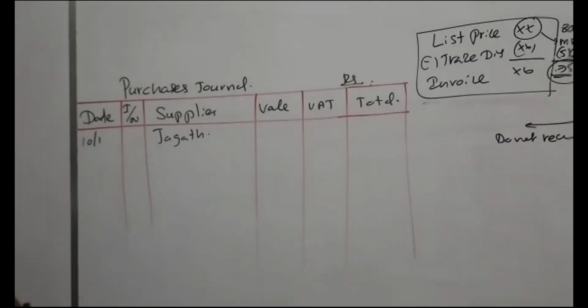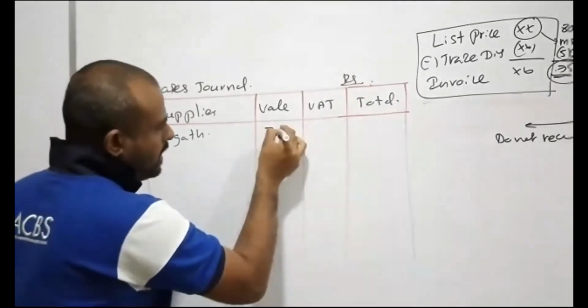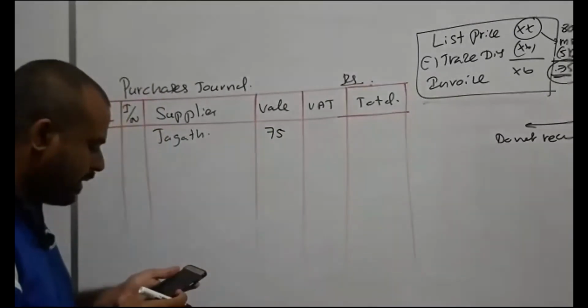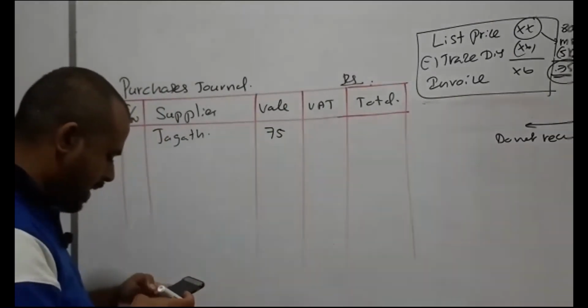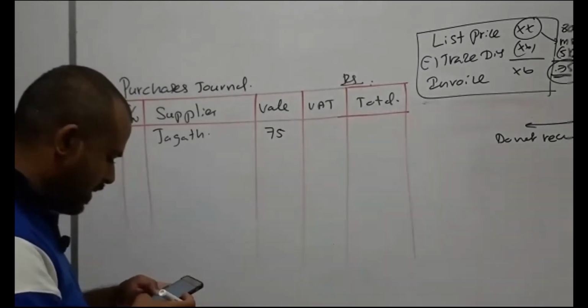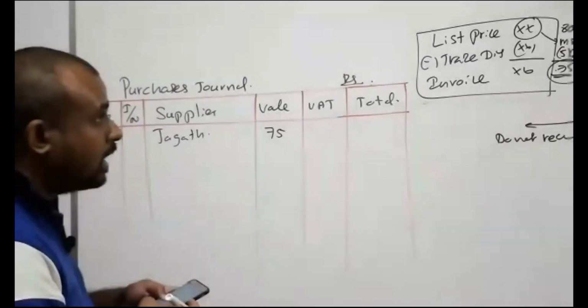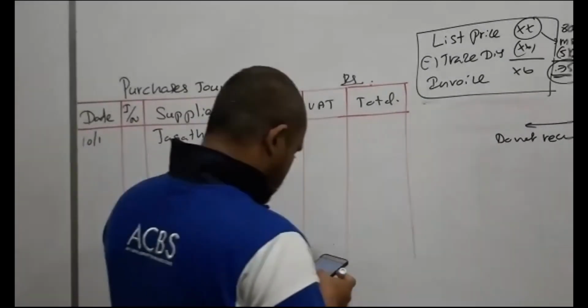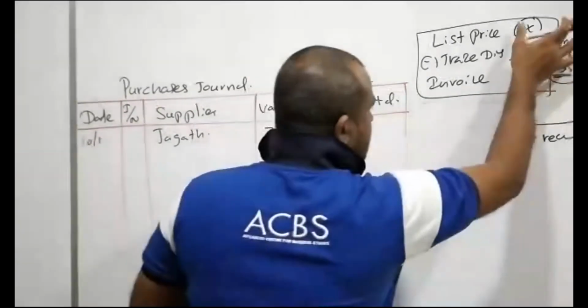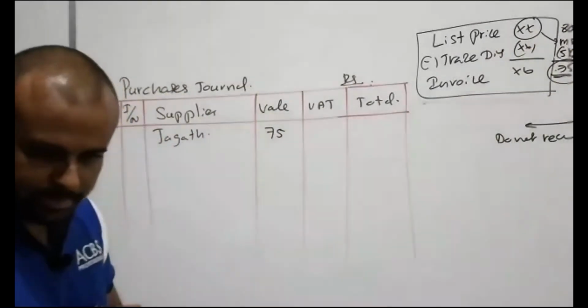Only the invoice amount, which is the value of the transaction. The list price is 600,000.